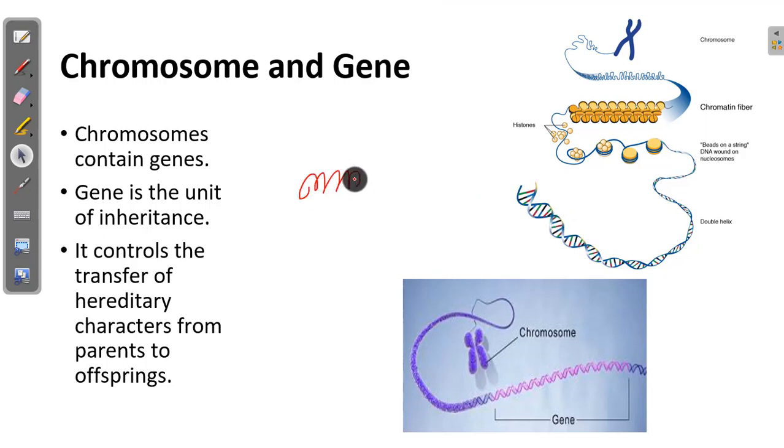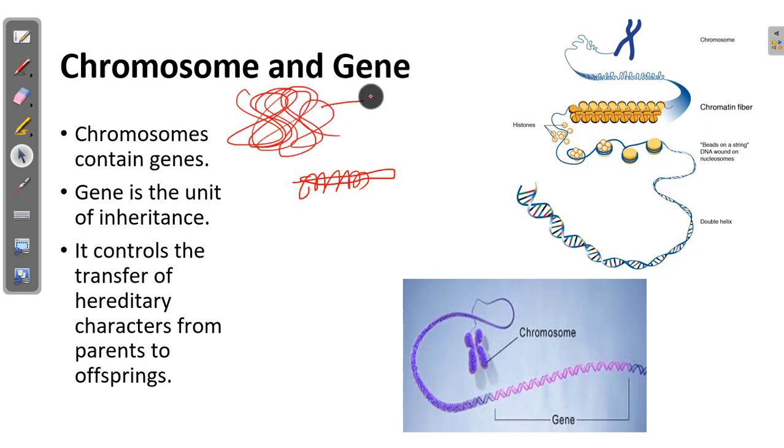Suppose this is a thread and it is attached to a white colored support inside. If you see clearly, it is very well organized. In the same way, you have DNA, genes, and chromosomes. So if you see in our nucleus also, you have long thread-like structures.